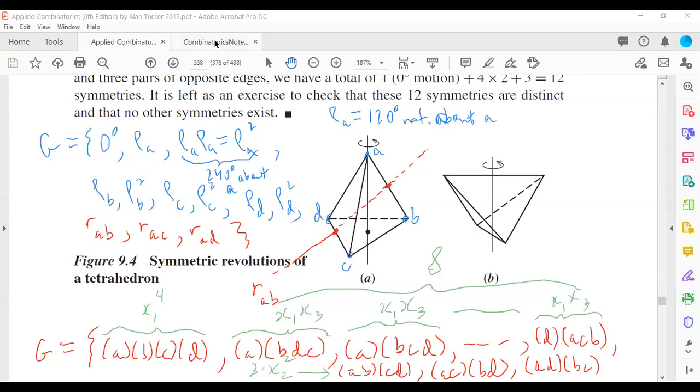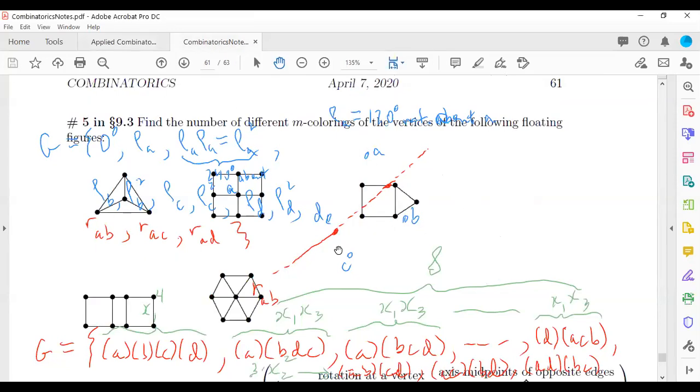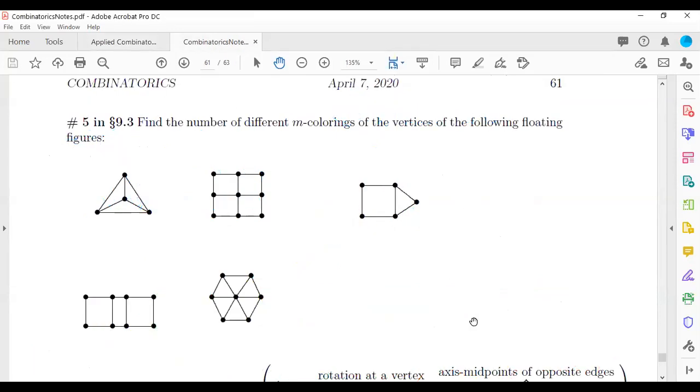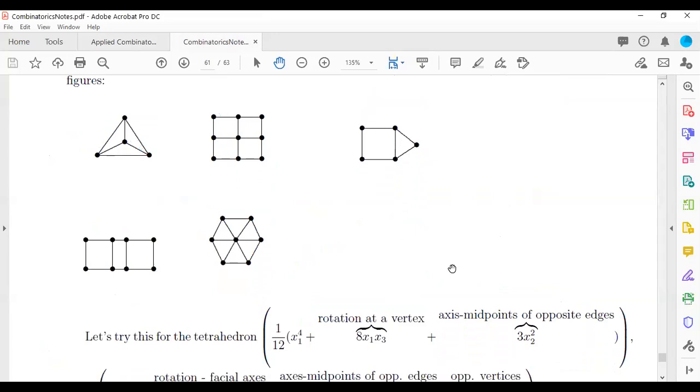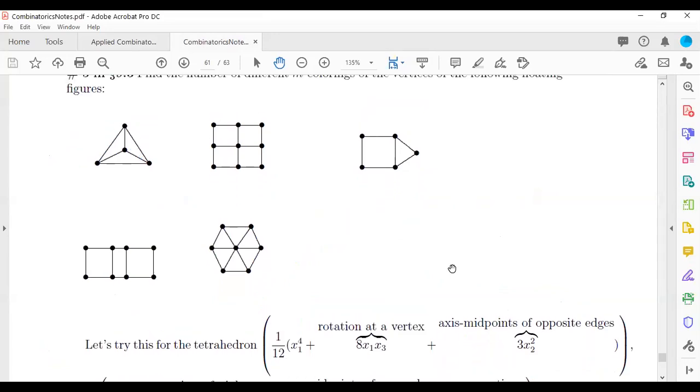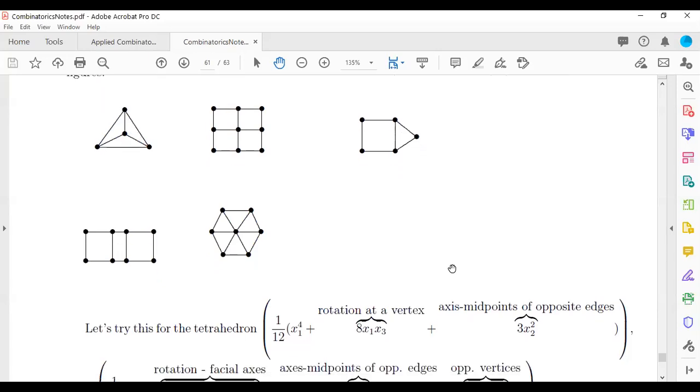All right. That is why, my friends, this right here ends up being the cycle index polynomial for the tetrahedron. Do you see this right here at the bottom?